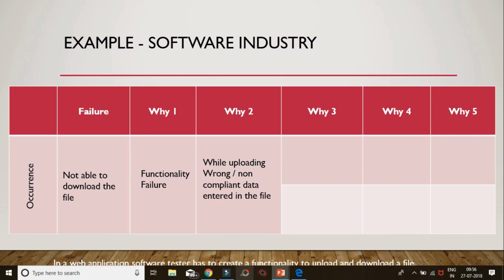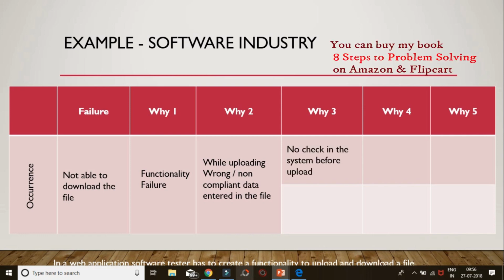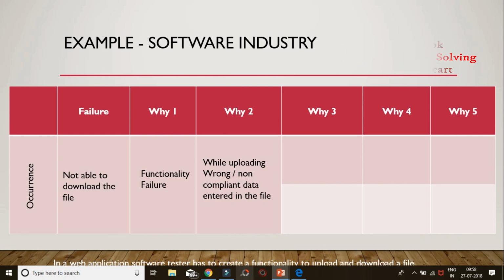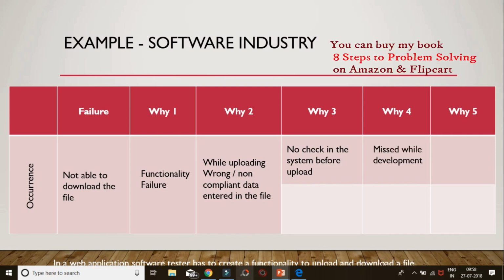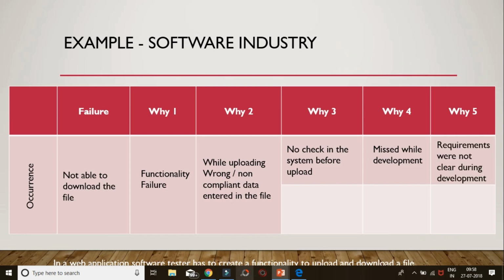There could be 2 answers to this why. That is why I have 2 rows coming out of here. The first answer to this why is no check in the system before upload. Why is there no check in the system before upload? When we are uploading wrong or non-compliant data, this feature got missed while developing the software. And why did that happen? Because requirements were not clear during development.